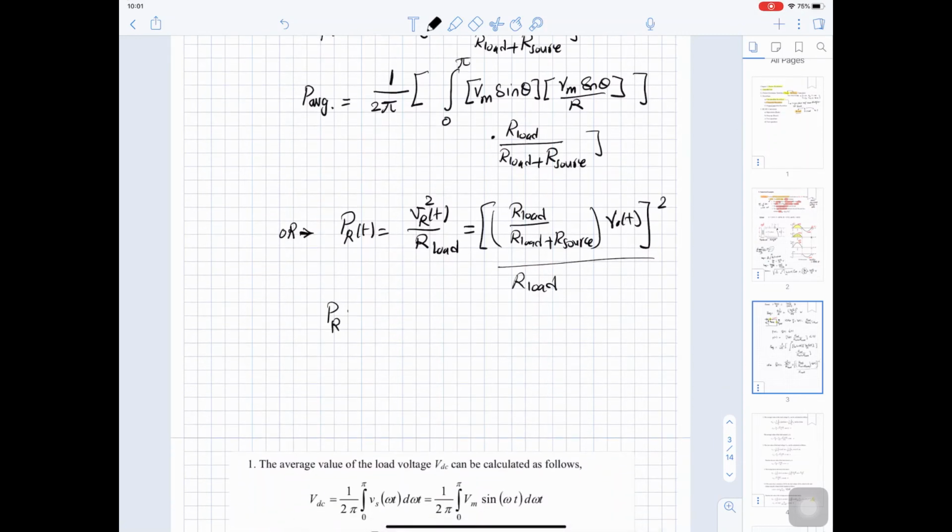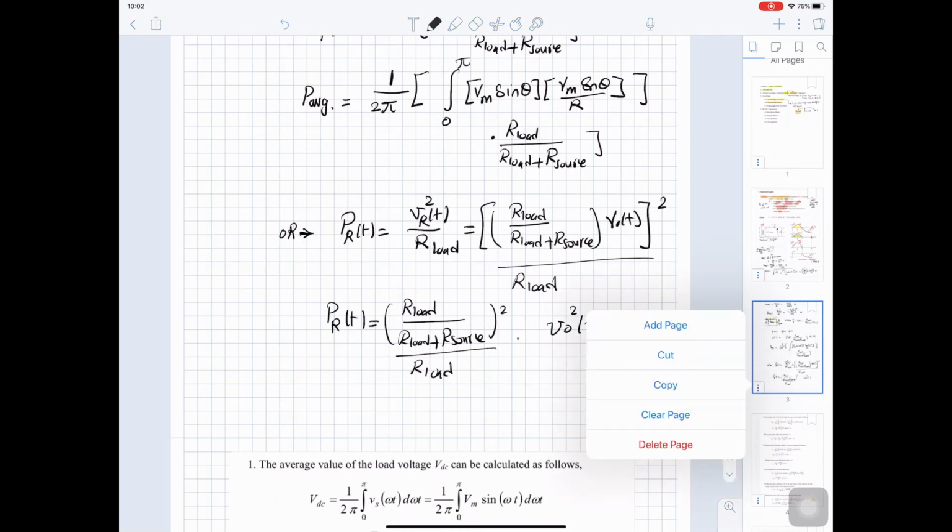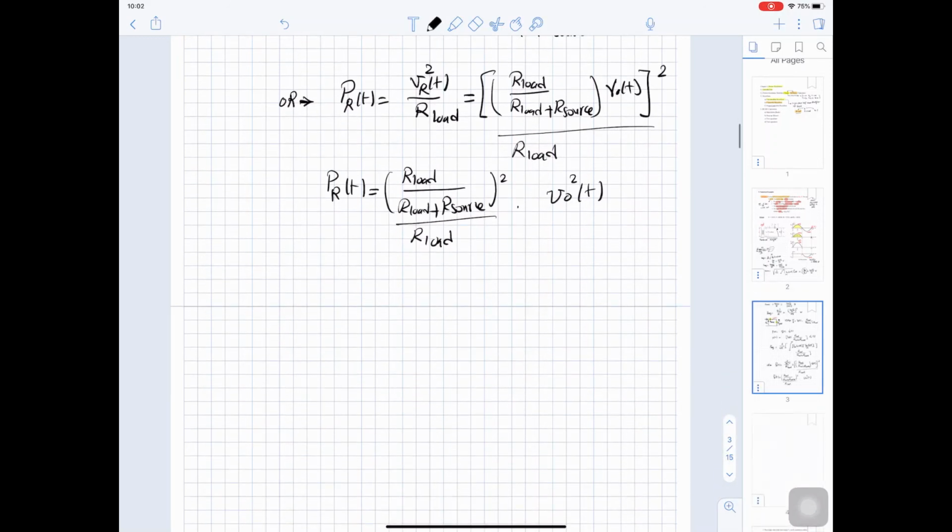So P resistance of T equals R load divided by R load plus R source, all squared, multiplied by V out of T squared over R load.